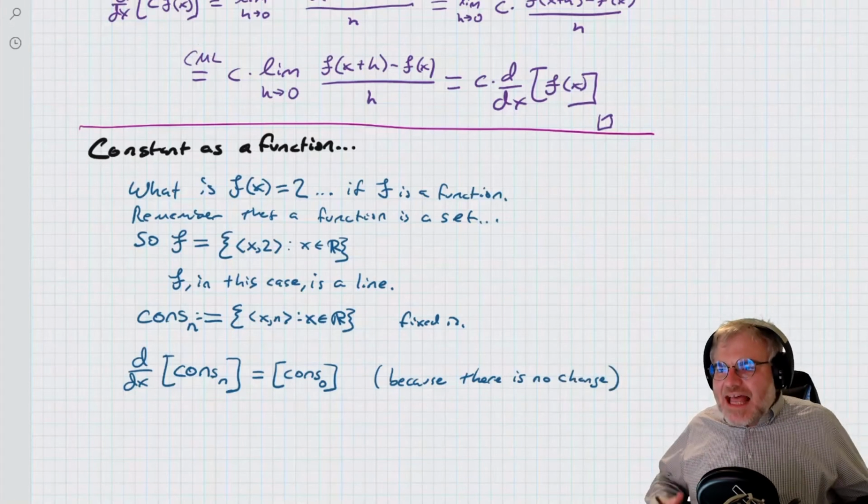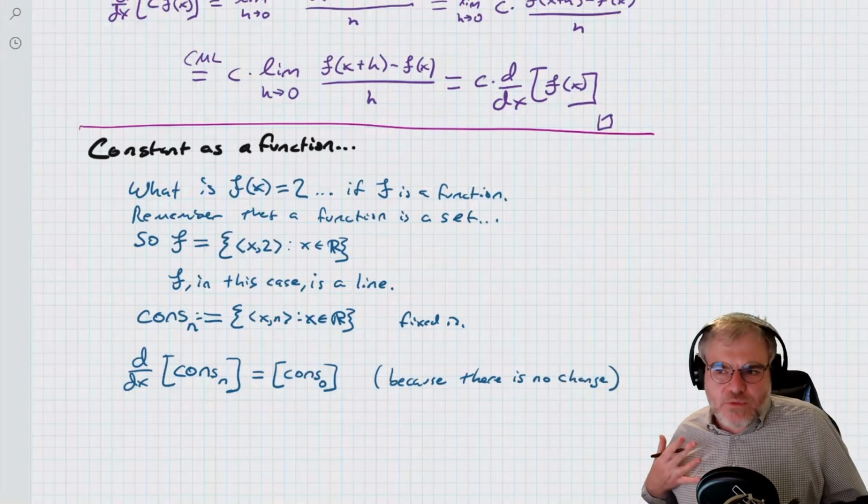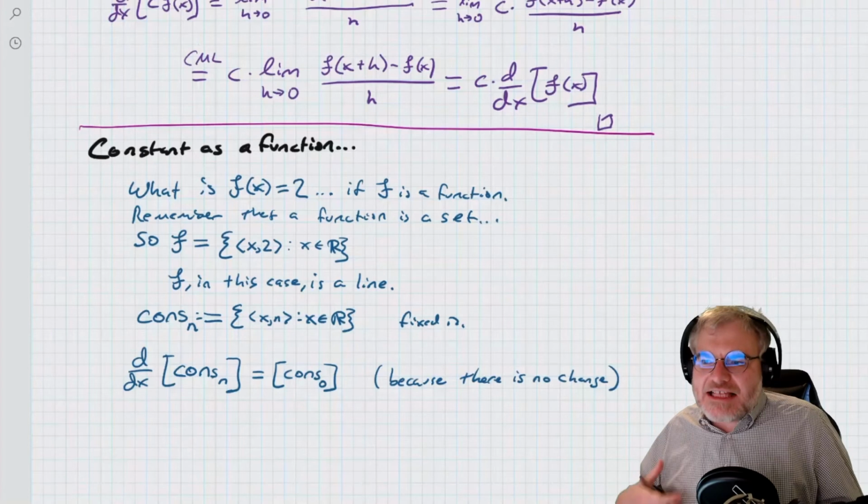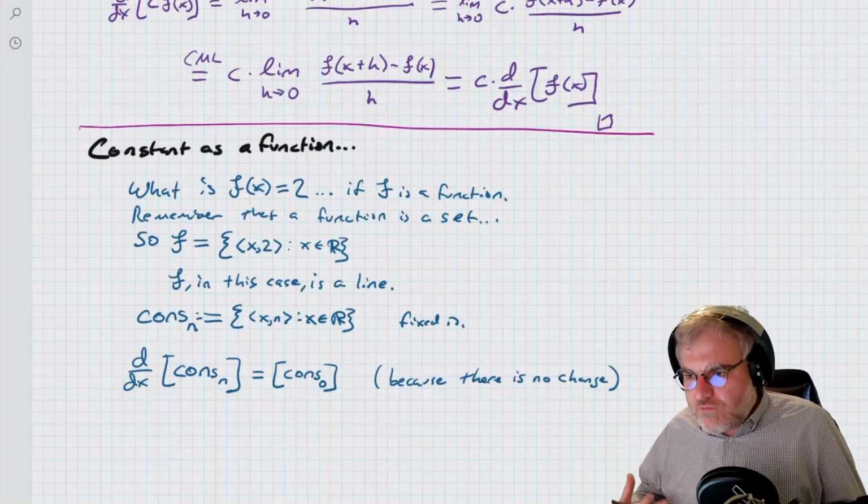Okay? It's not that the derivative of a constant equals 0. The derivative of a constant function equals the 0 function. Okay?